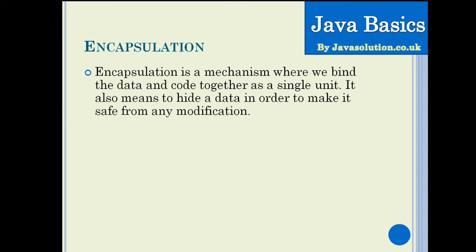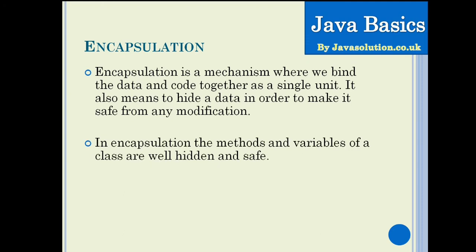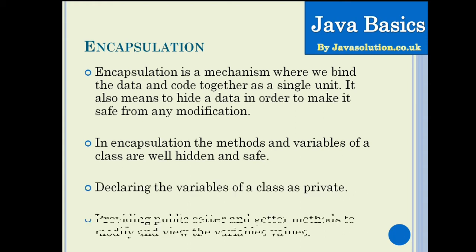What is encapsulation? Encapsulation is a mechanism where we bind the data and code together as a single unit. It also means to hide the data in order to make it safe from any modification. In encapsulation, the methods and variables of a class are well hidden and safe.